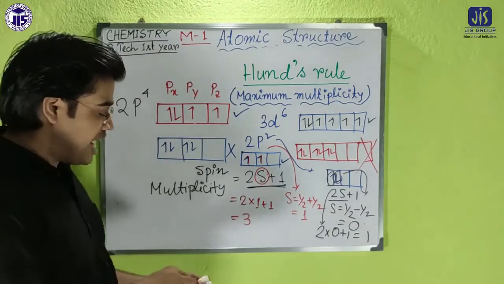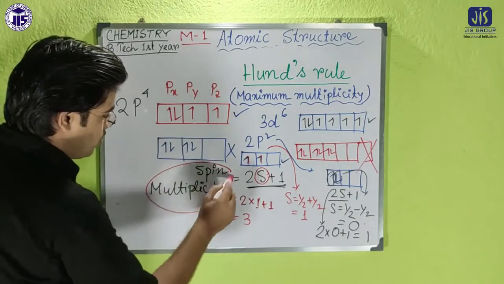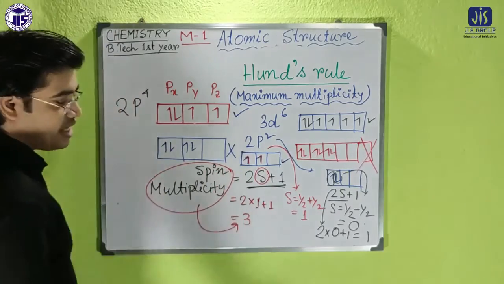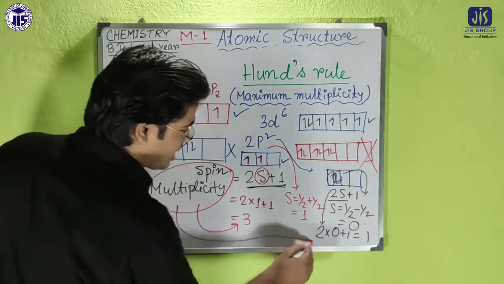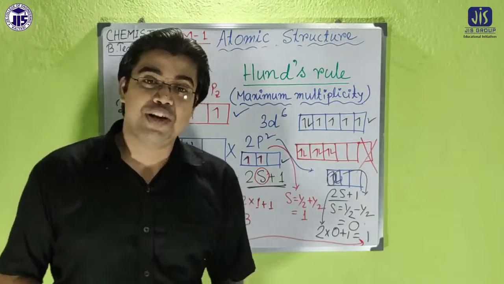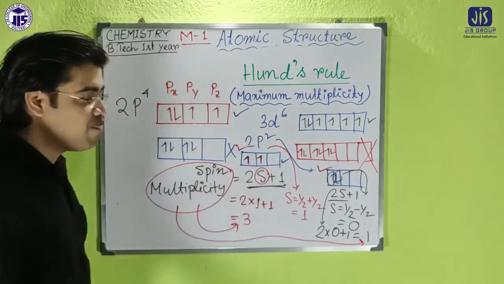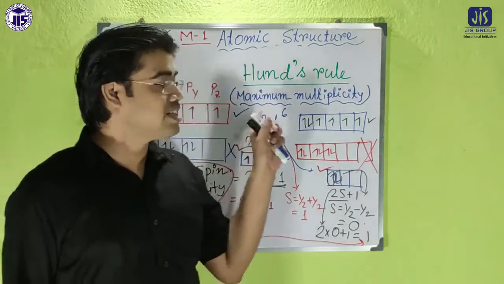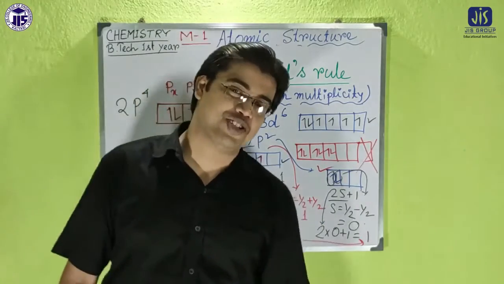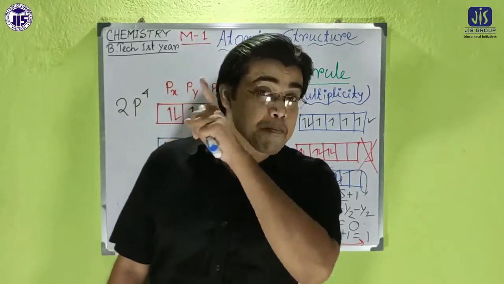So finally what we are getting is the spin multiplicity value for the first case is 3, but for the next case it is 1. Now think about which will be the right configuration, either this one or this one. According to Hund's rule, you know it is the maximum spin multiplicity, which means where we get the maximum value.